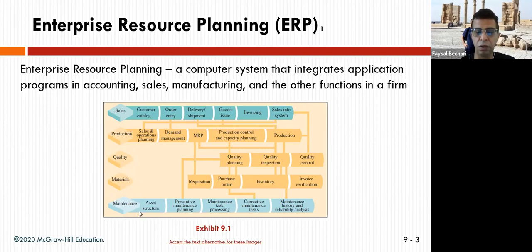They look at material, they look at maintenance, and part of this ERP comes the MRP, the material requirement planning. It can be standalone or integrated, which is the best case scenario. It has to be integrated.